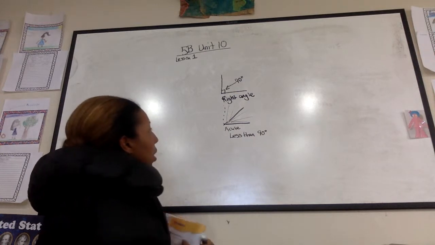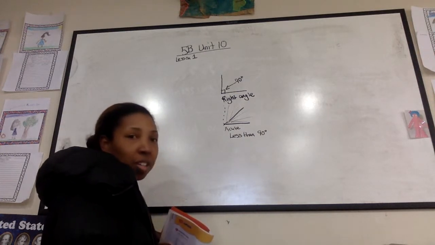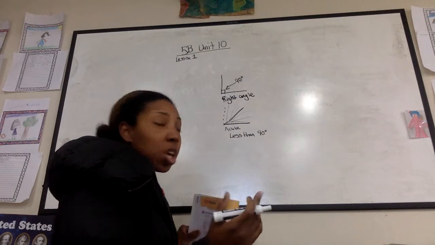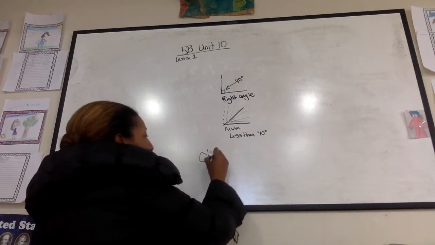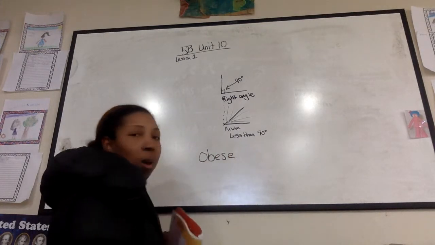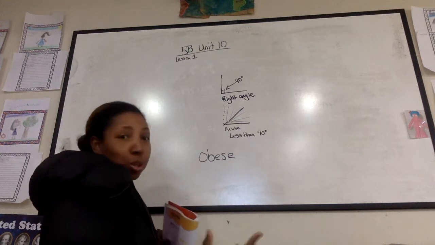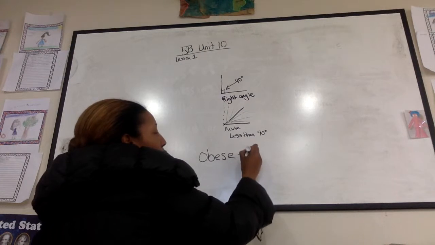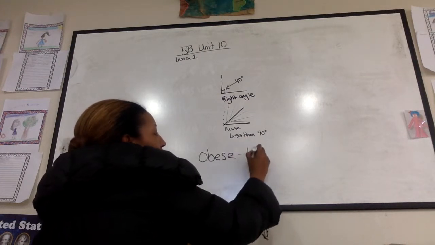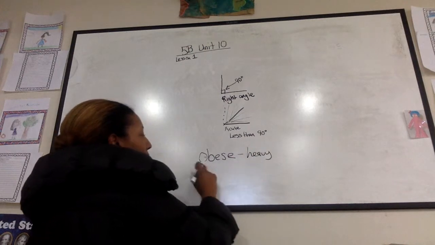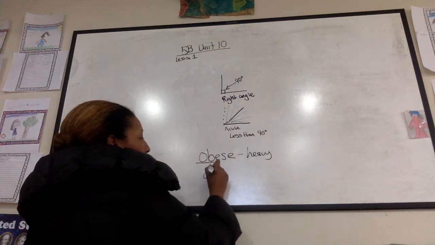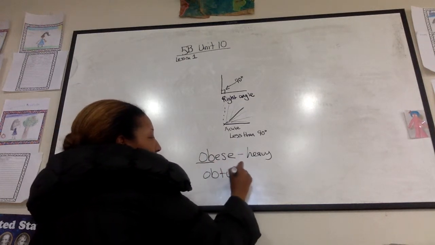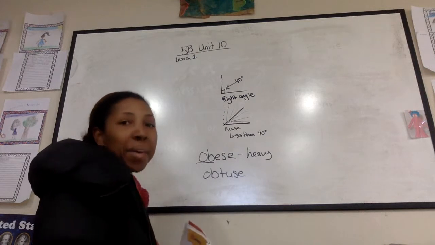Then the other one we have is an obtuse angle. If someone is obese, we'd say obese. If someone has an obtuse angle, it would be just like an obese. Obese means overweight, heavy. Okay? So we know that an obtuse angle is going to be big.